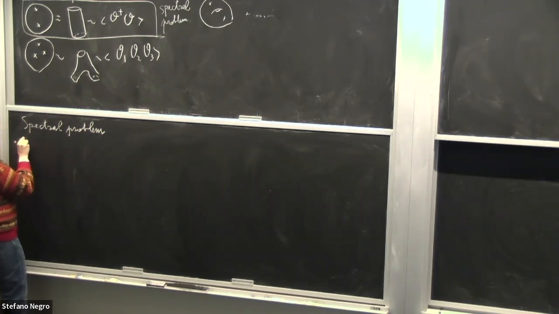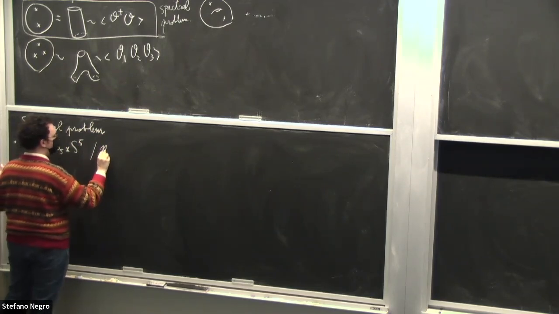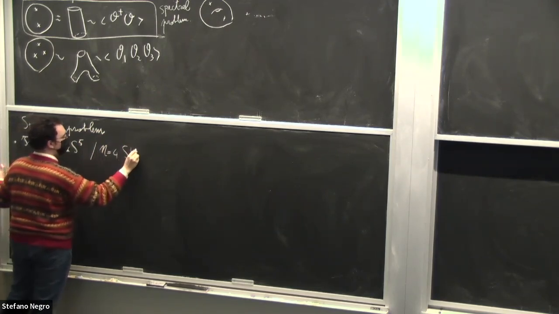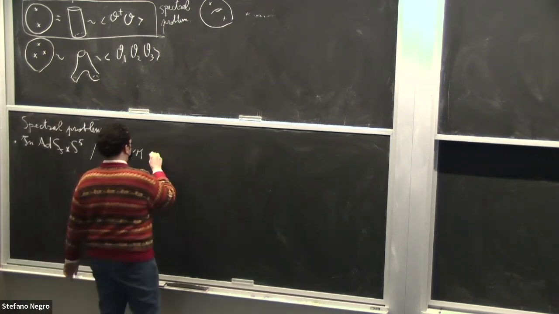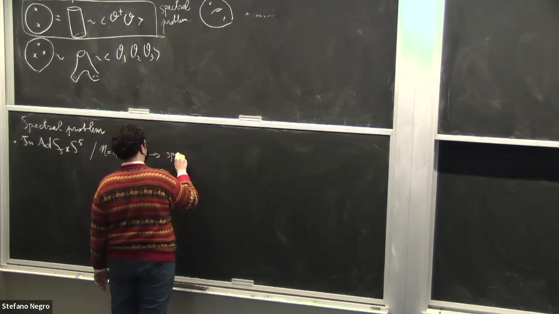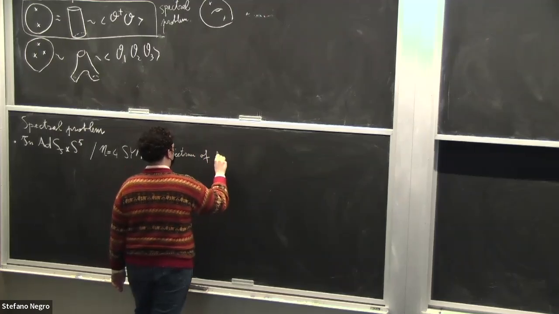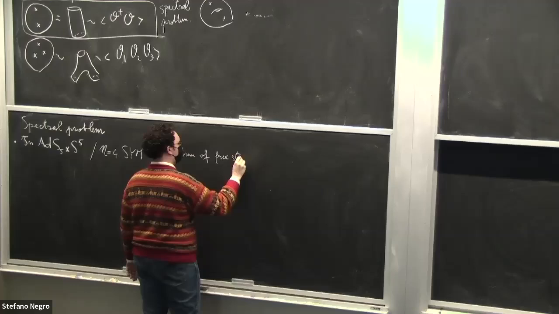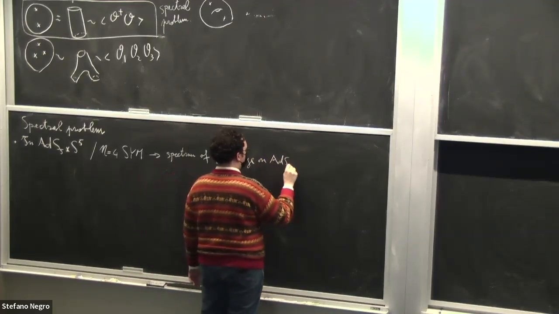So for AdS5 times S5 strings, or for the dual N=4 supersymmetric Yang-Mills, it means computing the spectrum of free strings on AdS5 times S5.